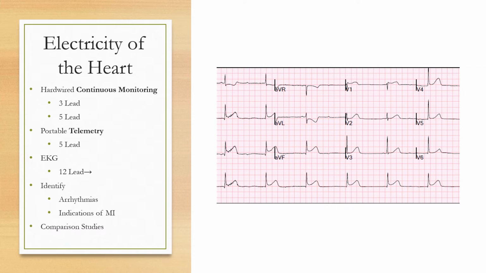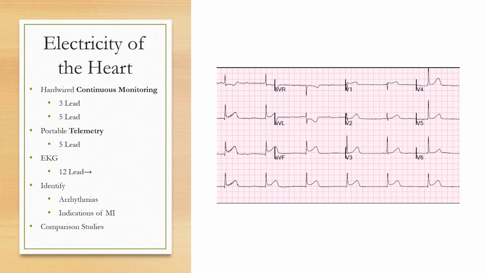I would prefer that you remember the electricity of the heart that we spoke about at the beginning. The SA node generates a little impulse, goes to the atrium because of all the nerve fibers on the atrium. And then the electricity goes from there to the AV node.